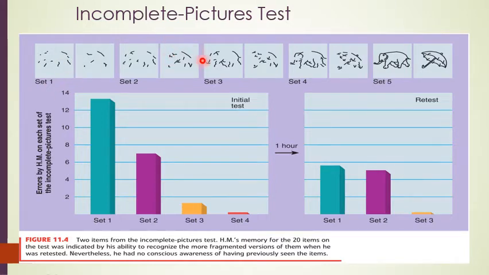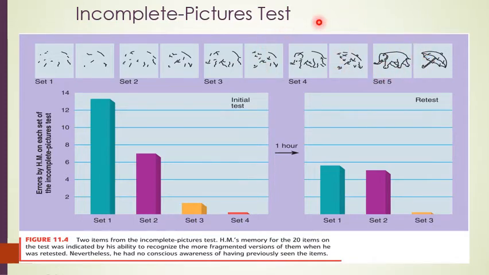Okay, so the objects are all the same, 20 each. But they differ in the degree of fragmentation. So if you can notice, set 1 is very fragmented, and you can almost not identify what the object is. But as the sets progress, the object forms more. So you have an elephant and an umbrella.